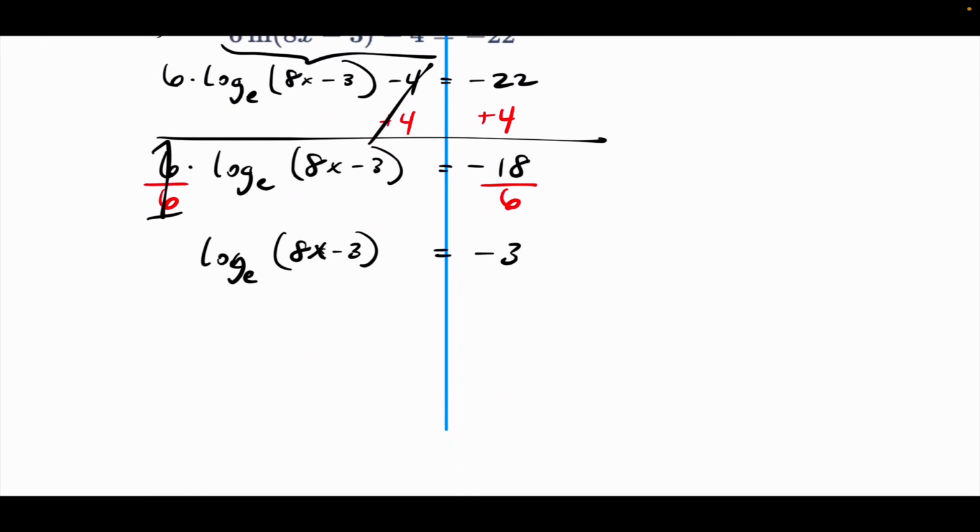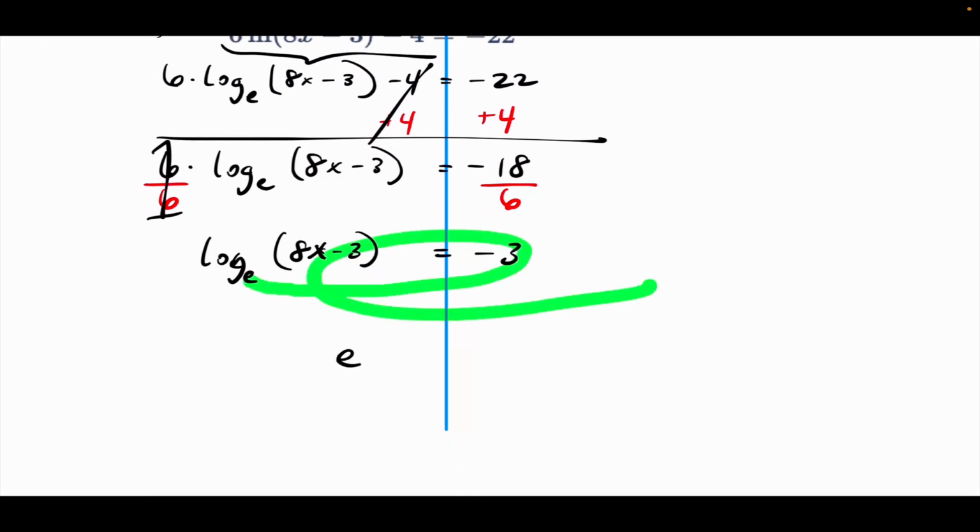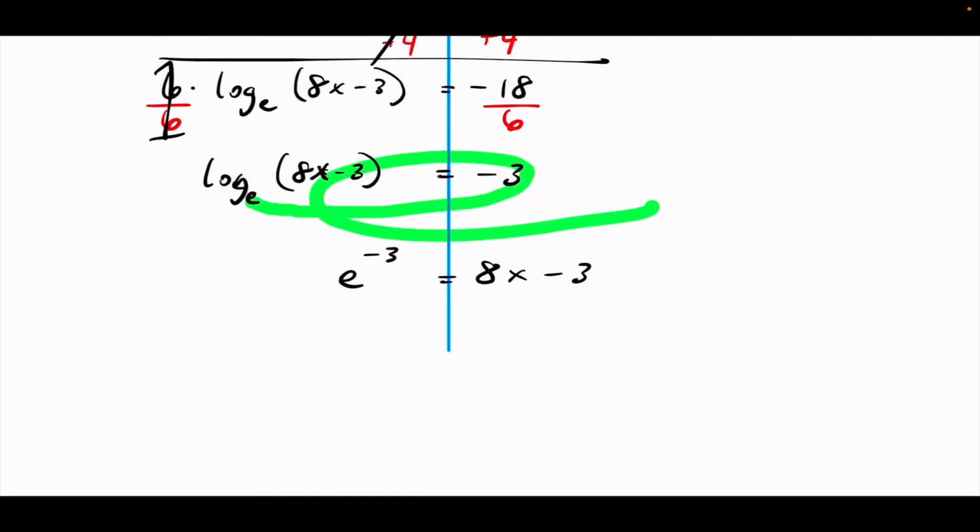Okay, now I need to get to 8x minus 3, so I got to do the loop trick to get rid of the log. For me to get to 8x minus 3, I can't have a log. Add 3 to both sides.